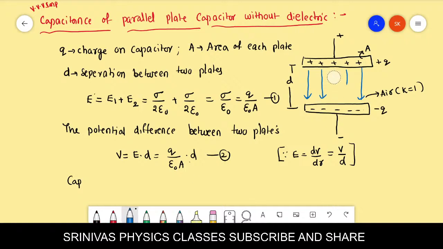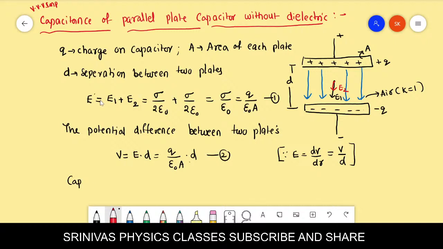I will indicate the electric field due to the positive and negative plate. Due to the positive plate, the electric field is downward, right? That is E1. Due to the negative plate also the electric field is downward, that is E2. Then the total electric field is also downward. The total electric field is E1 plus E2, that we got as sigma by epsilon naught, Q by epsilon naught A.